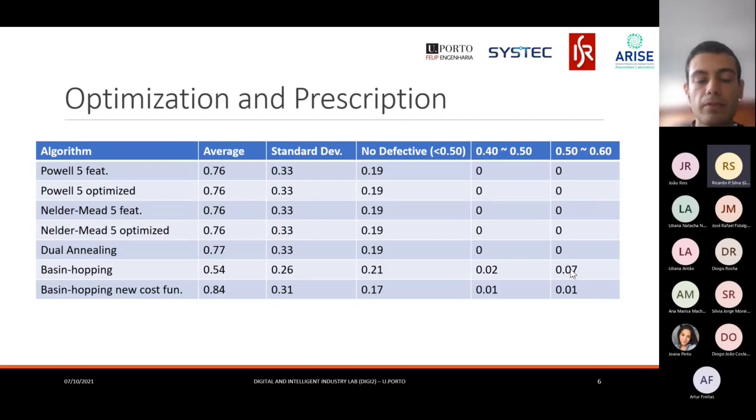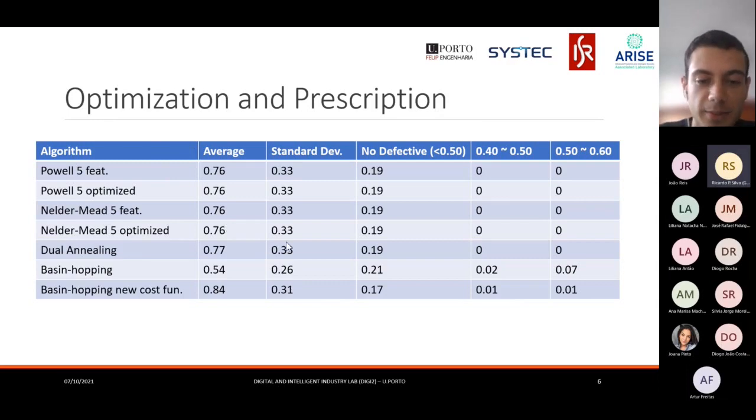So the farther a sample is from the boundaries, the much higher the cost function result is. However, in this case, the results were not satisfactory at all. In fact, it was the worst of them all, even worse than the ones from the local optimization.